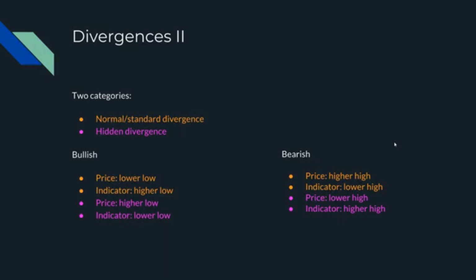There are two categories of divergences: normal or standard, and hidden. This one is probably worth screenshotting or saving. There's also a divergence cheat sheet on BabyPips you can look at. Whatever you need to do to have these in your mind, but it's going to be a lot more useful to go through some examples in a sec.